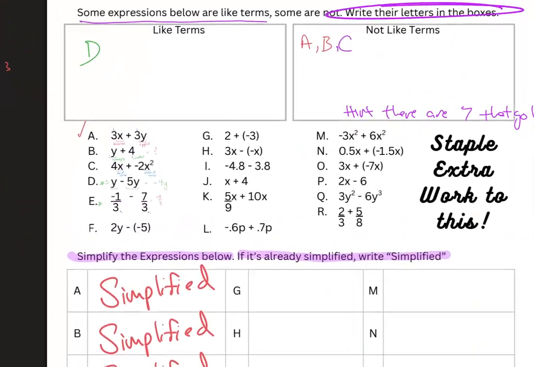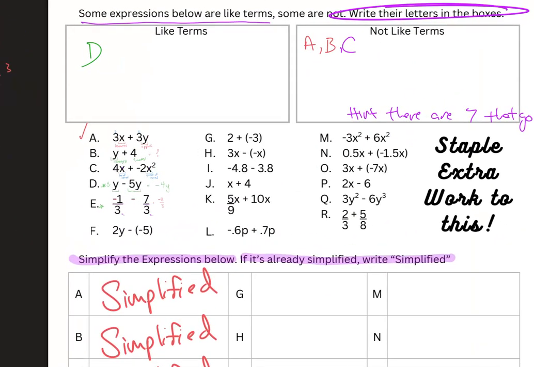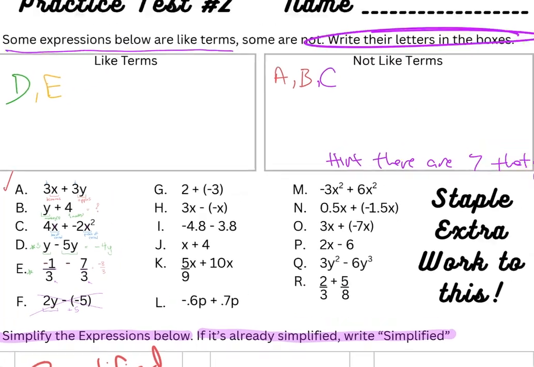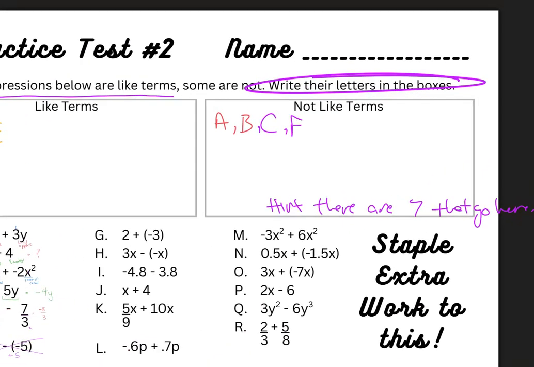And let's go ahead and write that E fits into the like term box. F, 2y minus 5. 2 boxes of I don't know what plus 5, not like terms. If you're like, well, what's the explanation?